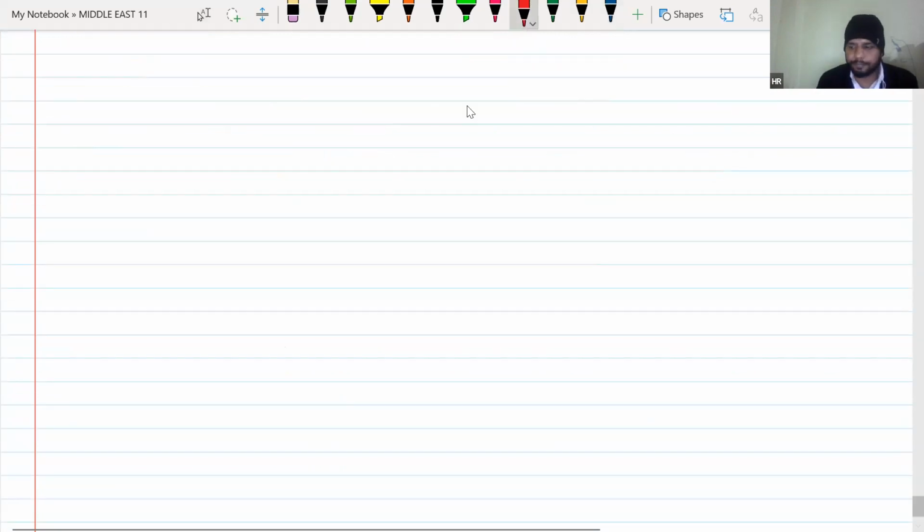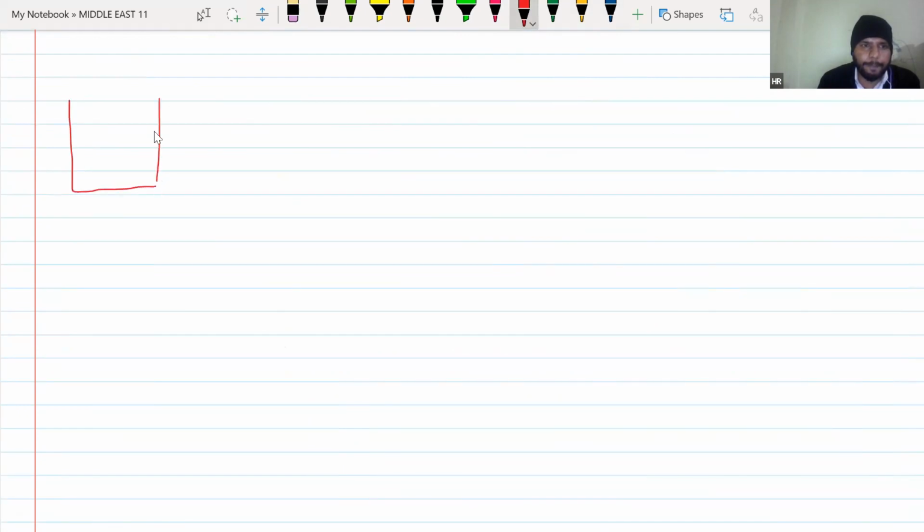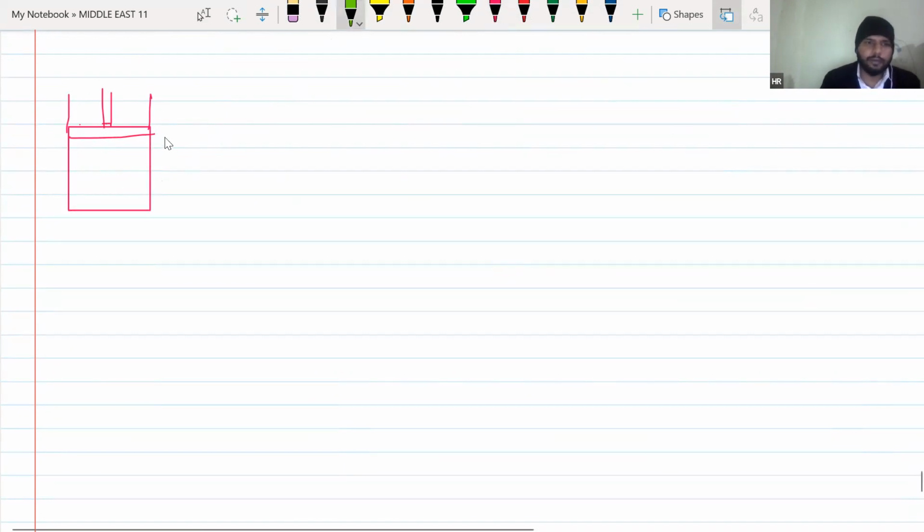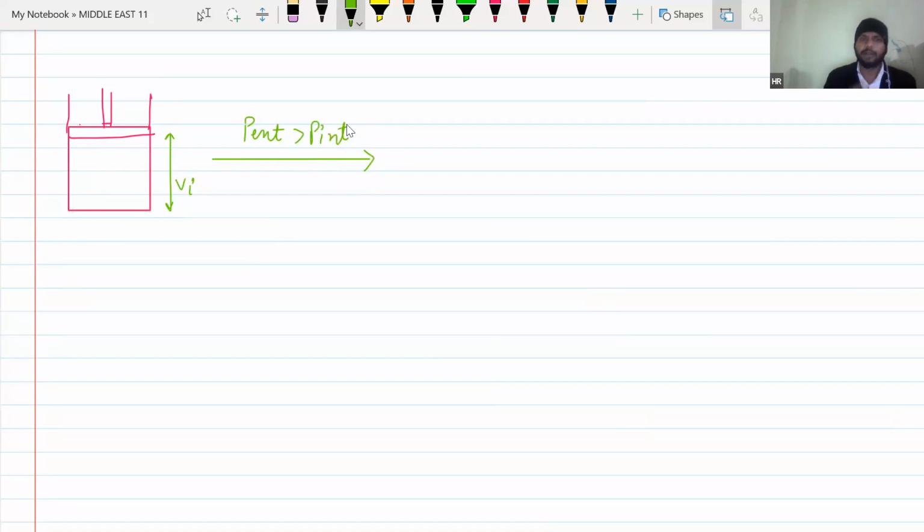Now see, I'm going to draw that again. You can see here is the piston. Now the initial volume of this container is Vi. If you are going to apply P external that is greater than P internal, will it be compressed or not?